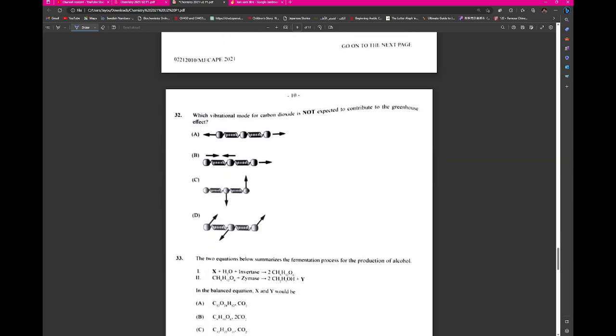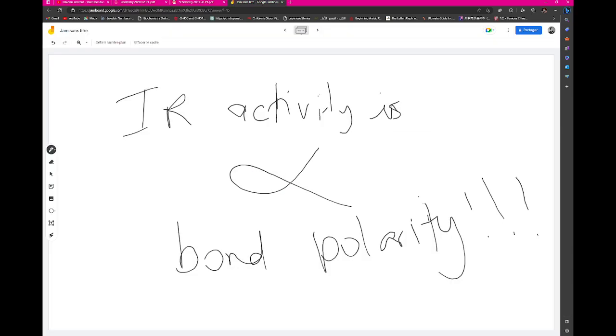Which vibrational mode for carbon dioxide is not expected to contribute to the greenhouse effect? So we have to look at this. We know that this is symmetric, this is asymmetric, this is some amount of twisting or bending as well, and this is bending. What would contribute to this? We have to look at the absorption.